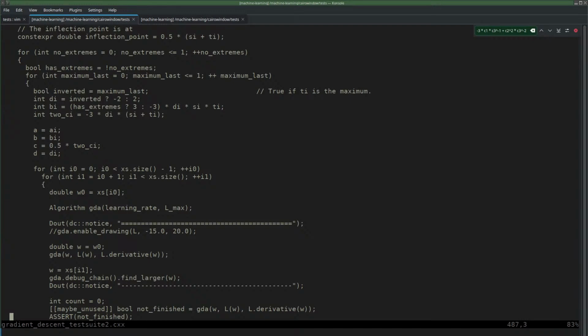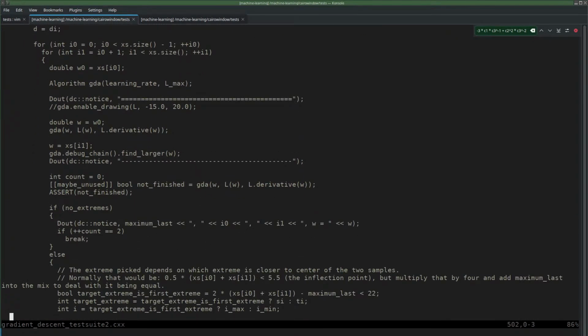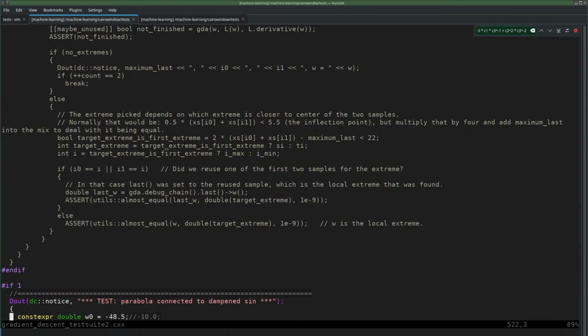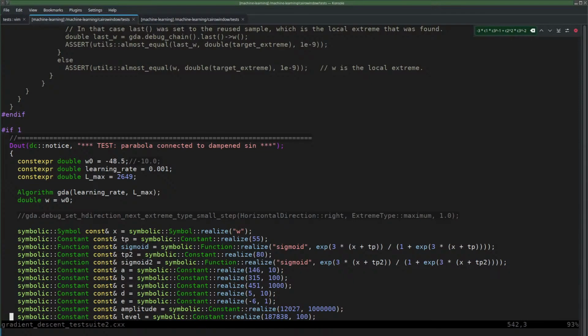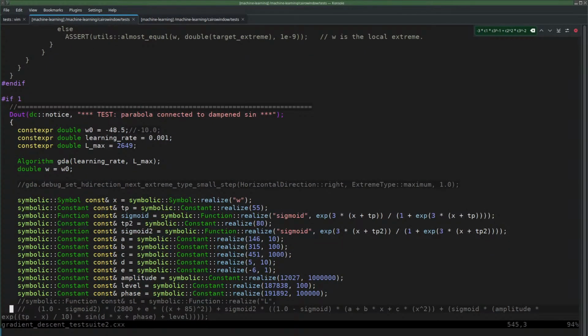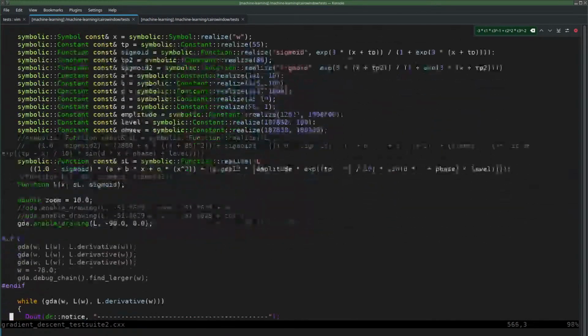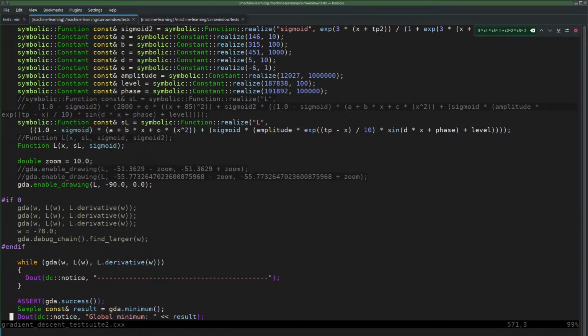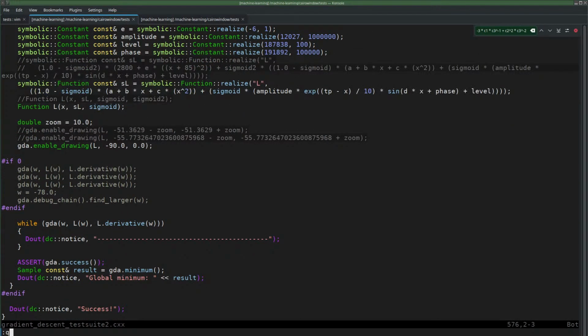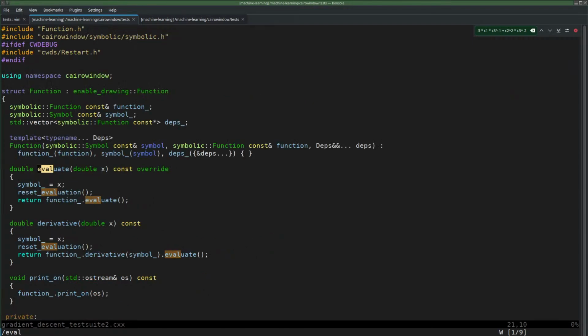The thing is, only working with rationals, only integers or integers divided by integers. And is it an evaluate or something? It's for a function.